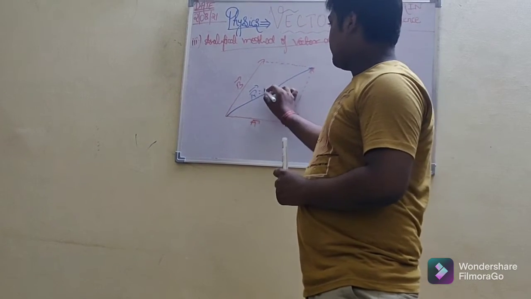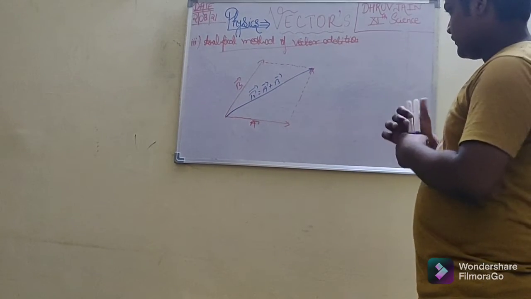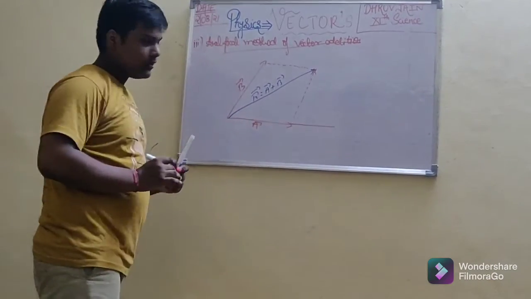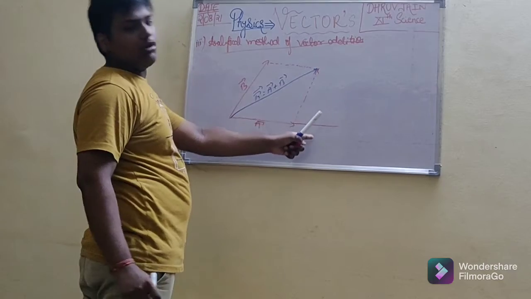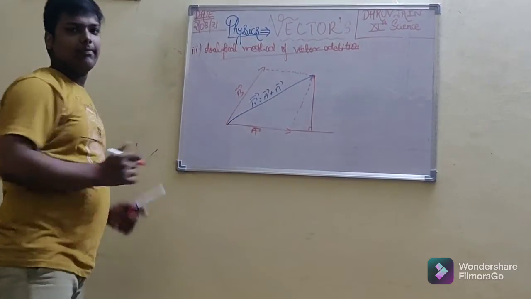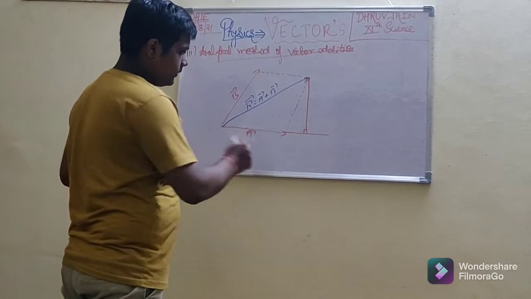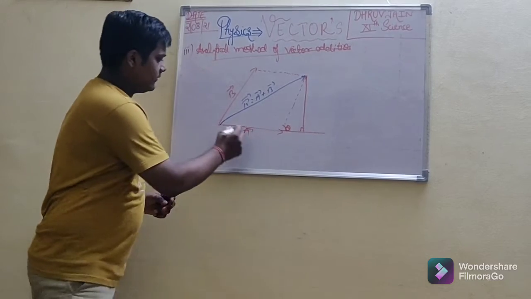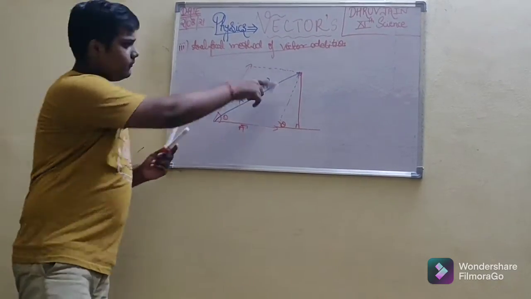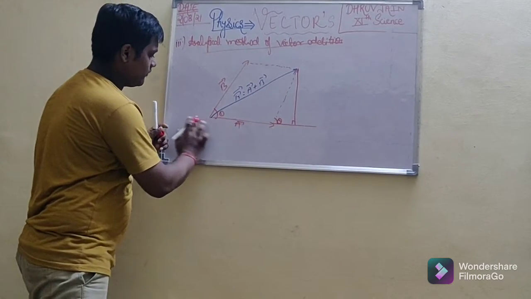Now, in this method, we will do one thing, that we will do a construction. Firstly, we will extend this, and from this point we will drop a perpendicular. As we know, this angle is theta because this is also theta, corresponding theta. Name the sides. We have given A as a vector, so it will be confusion.